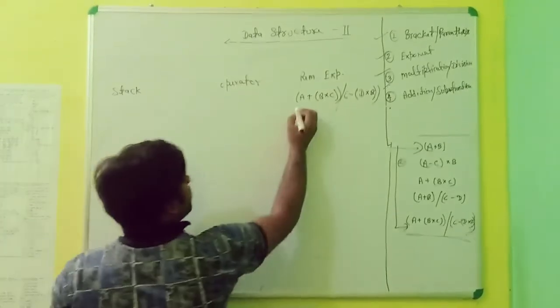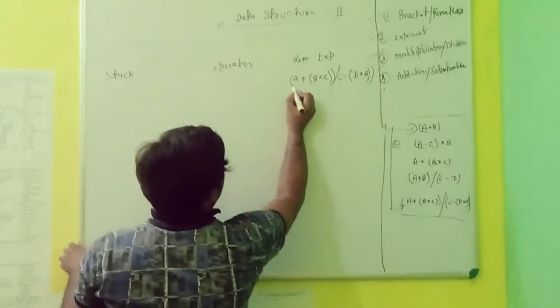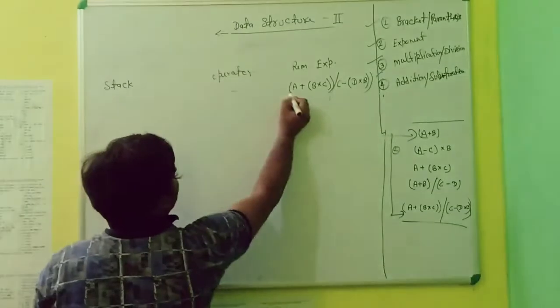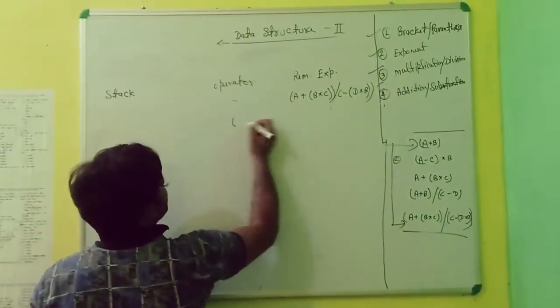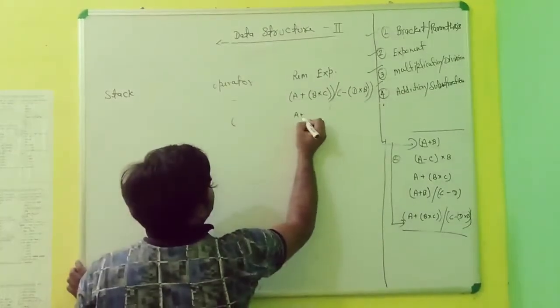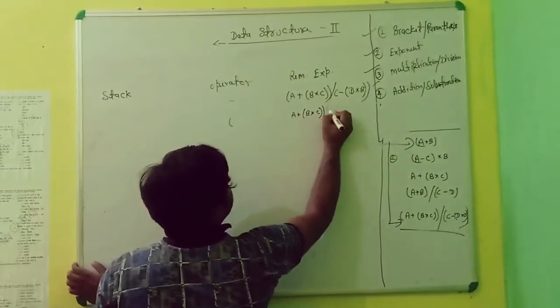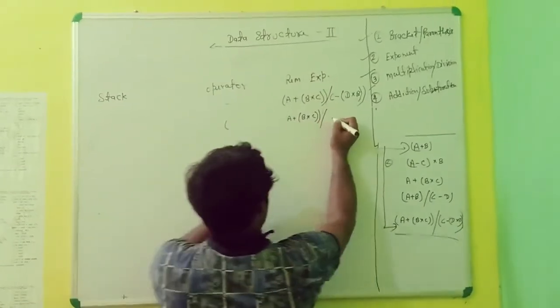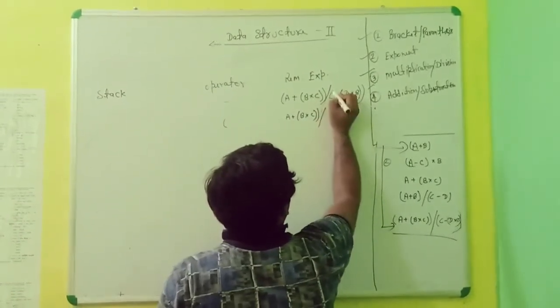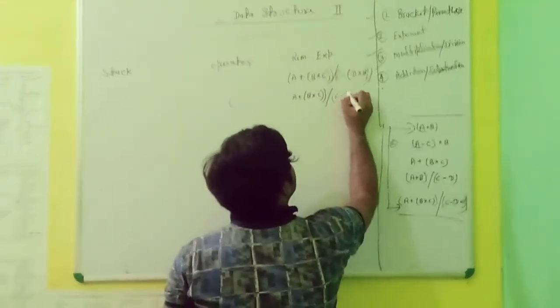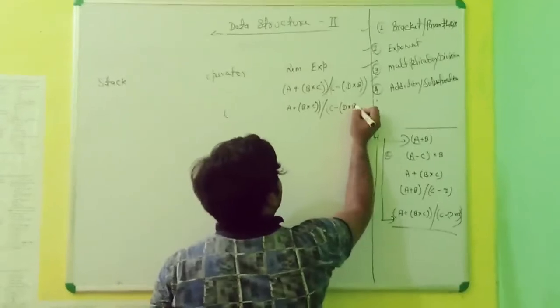So what we have to do now, the small bracket will come here, then the next small bracket. Then the remaining expression is a plus (b into c)) divided by ((c minus d into b)). Okay.